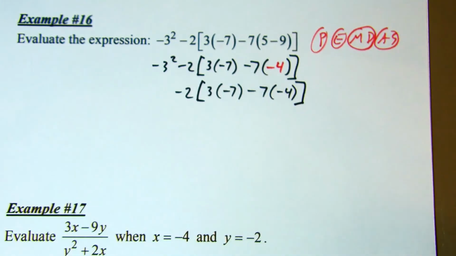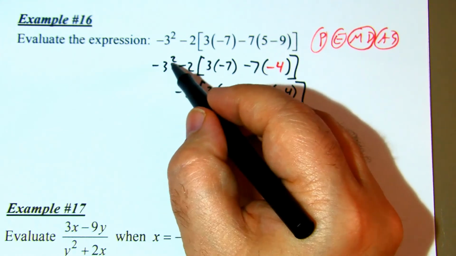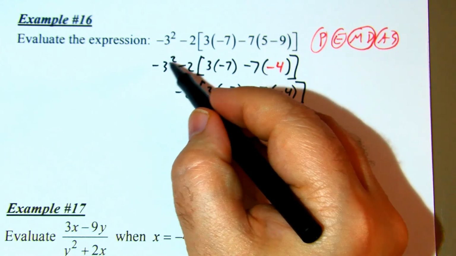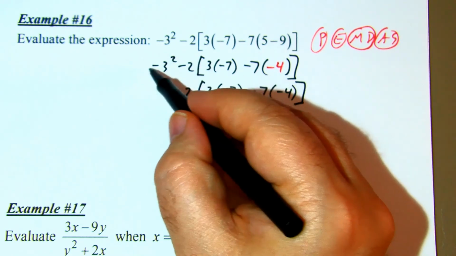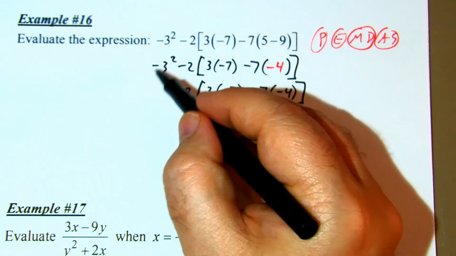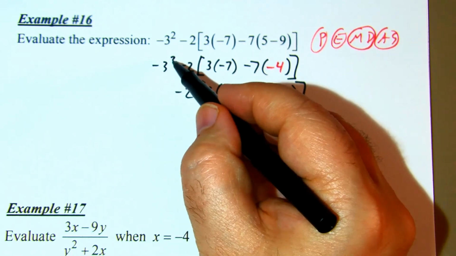Now here's where if you missed last class, we talked about if you have a negative 3 squared, the only time that this exponent is talking about the sign is if this thing is in parentheses. Because it's not, the negative is not being squared.